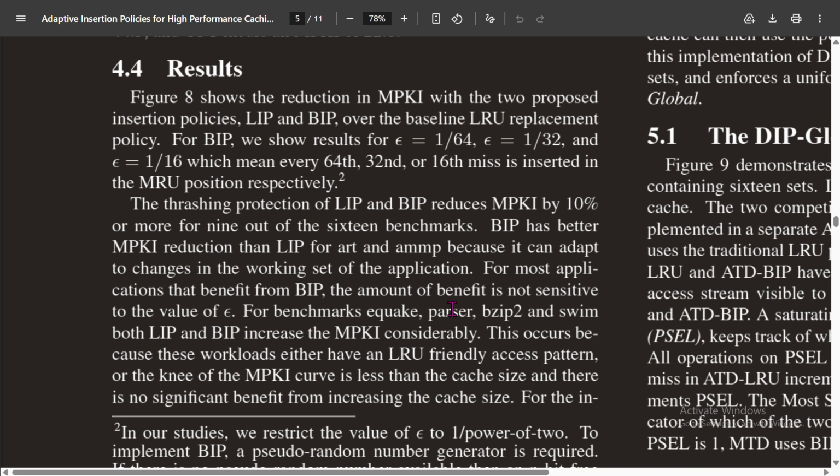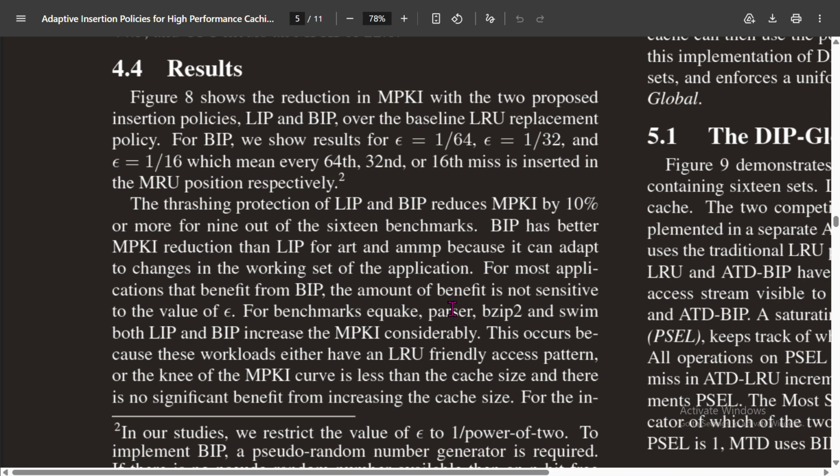Figure 8 shows the reduction in MPKI with the two proposed insertion policies, LIP and BIP, over the baseline LRU replacement policy. For BIP, we show results for epsilon equals 1/64, epsilon equals 1/32, and epsilon equals 1/16. What it means is that after 64 misses, it is going to put one element at MRU.